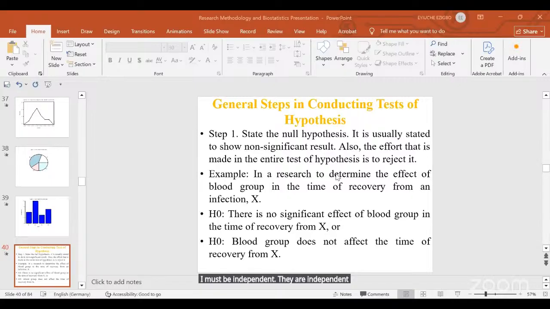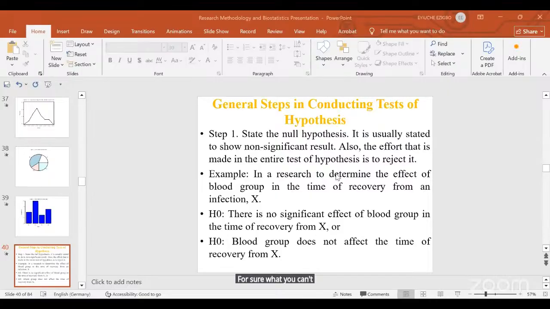All of these things are used to present what? Null hypothesis. The very striking statement about null hypothesis, amongst all that I have said, is that null hypothesis always is stated to show what? No significance.